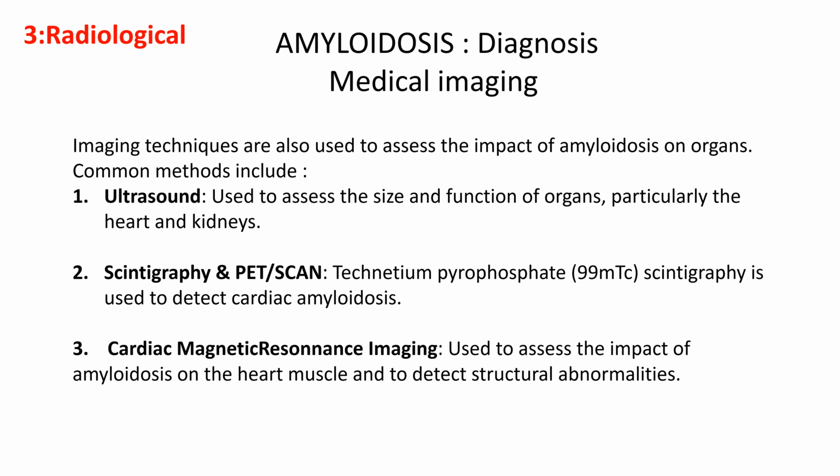Scintigraphy and PET scan, technetium pyrophosphate 99mTc. Scintigraphy is used to detect cardiac amyloidosis. Cardiac MRI is used to assess the impact of amyloidosis on the heart muscle and to detect structural abnormalities.